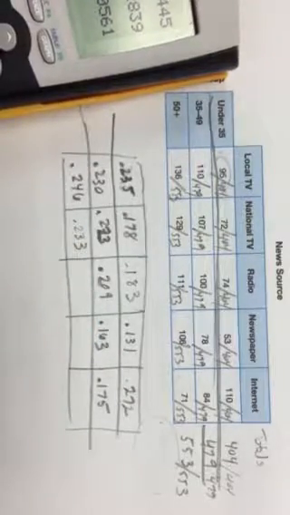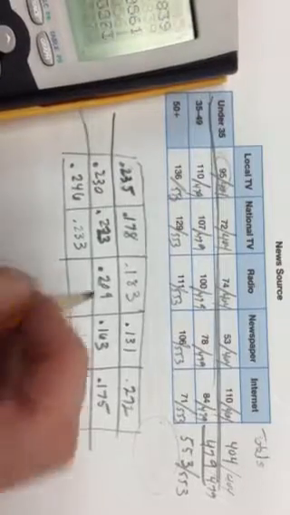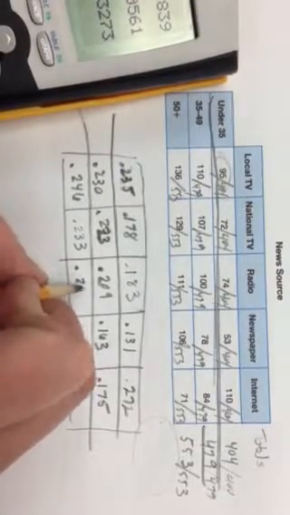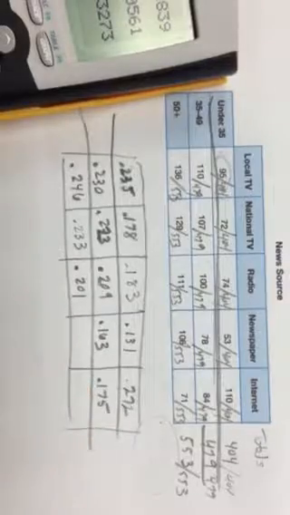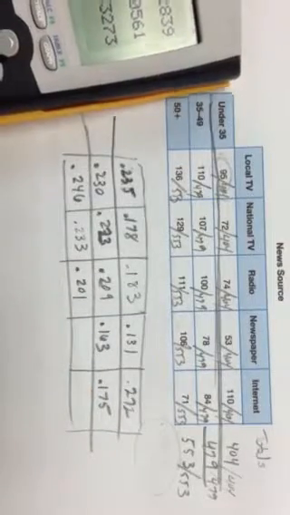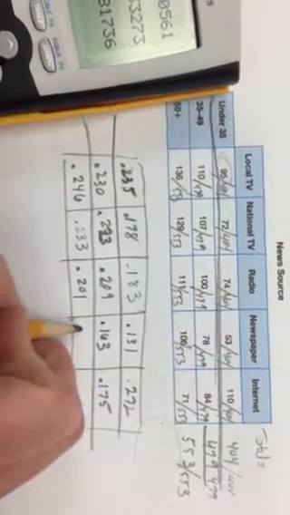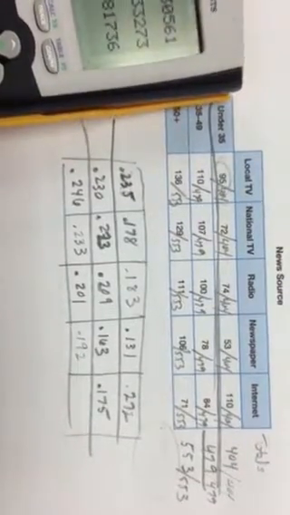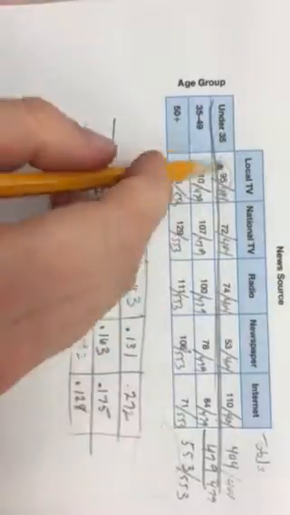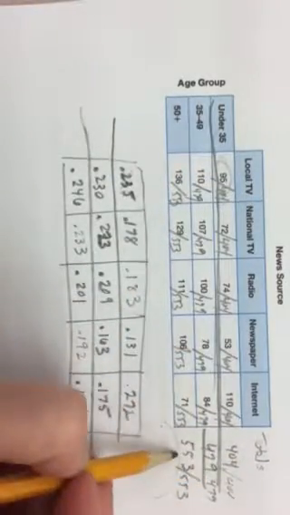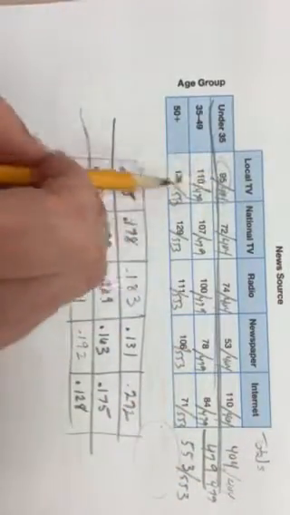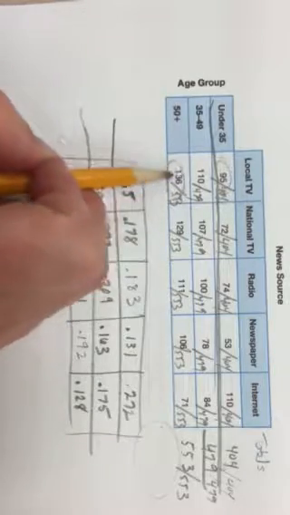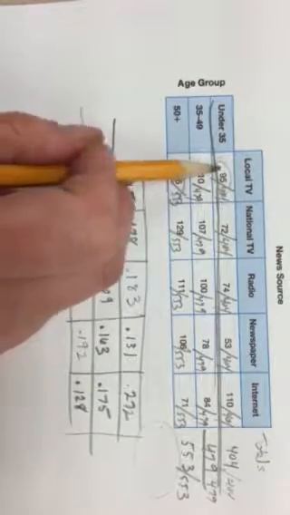The point of a relative chart is to be able to compare no matter how many respondents you have. As of right now, since this one had 404 and this one had 553, it doesn't really tell us a lot about these because these had 136 and these had 95.